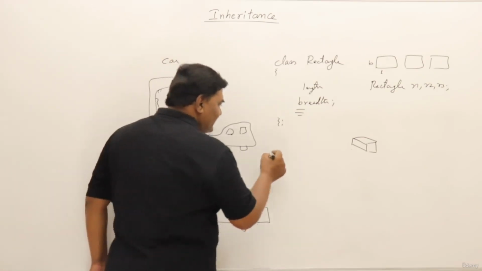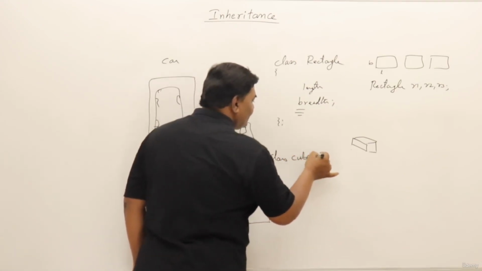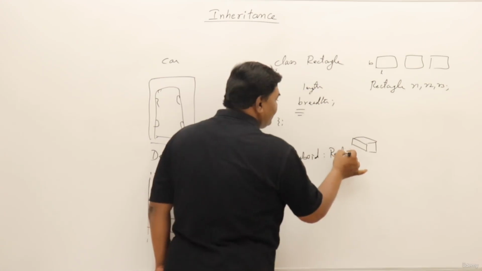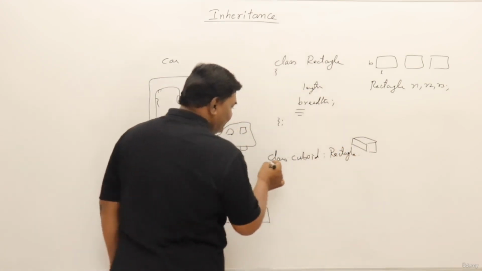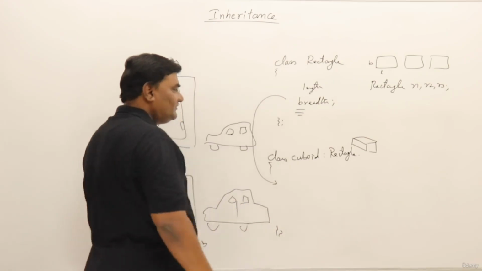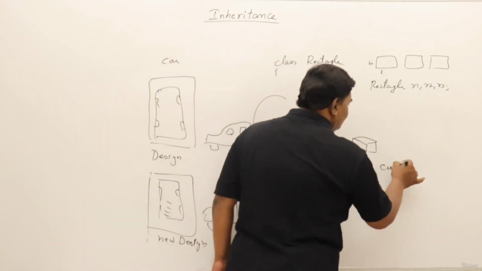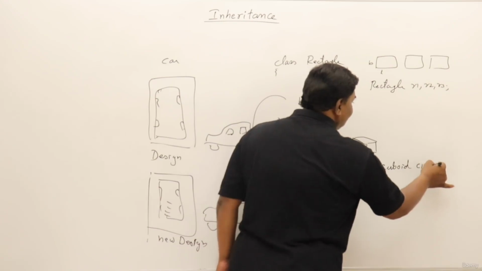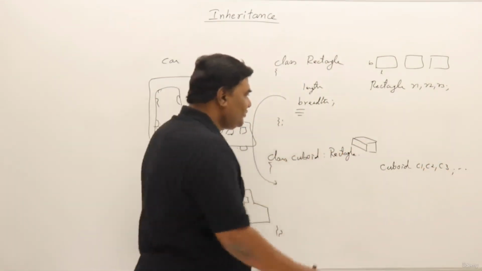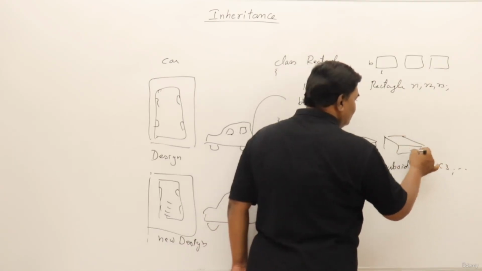So I will say class cuboid should extend from rectangle, that is, inheriting from rectangle. I want everything that is there in rectangle to be borrowed here also. Then when I create objects of cuboid, C1, C2, C3, and so on, the objects of cuboid can be created with various dimensions, whatever I like.